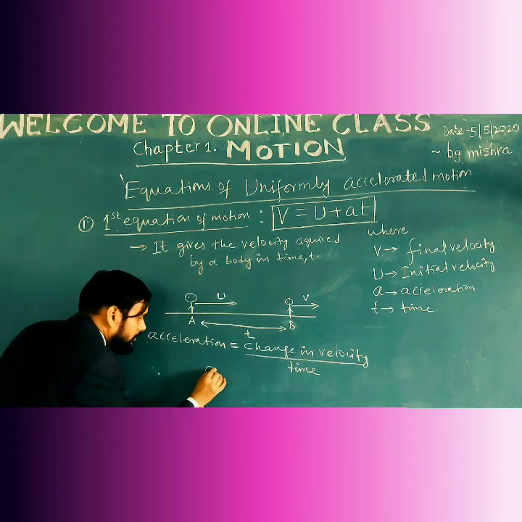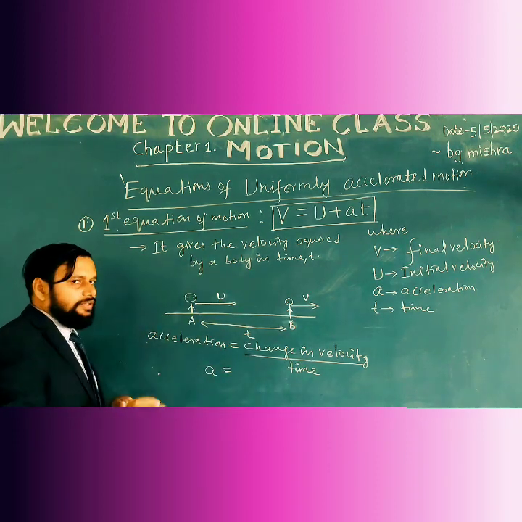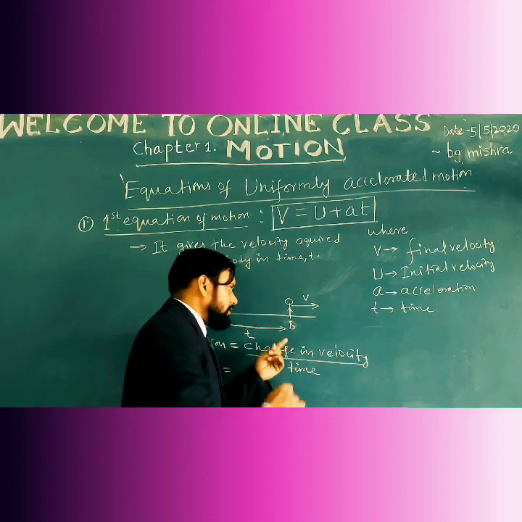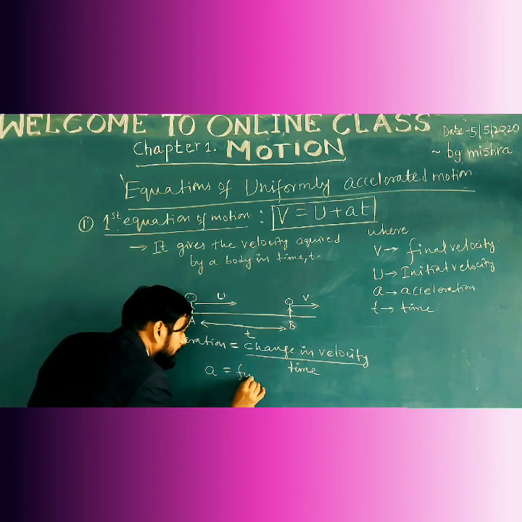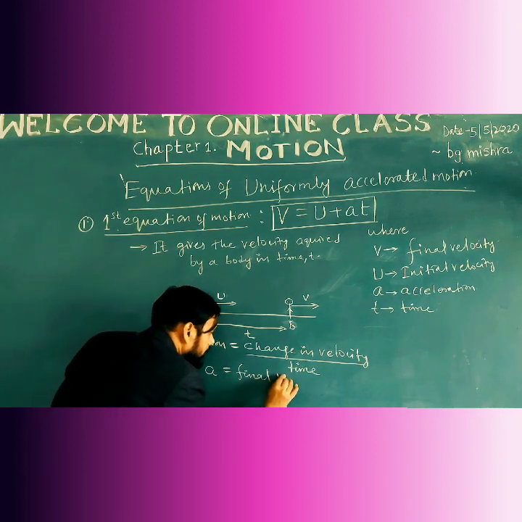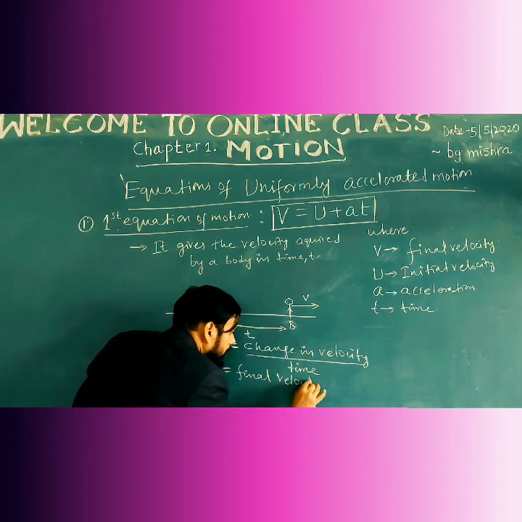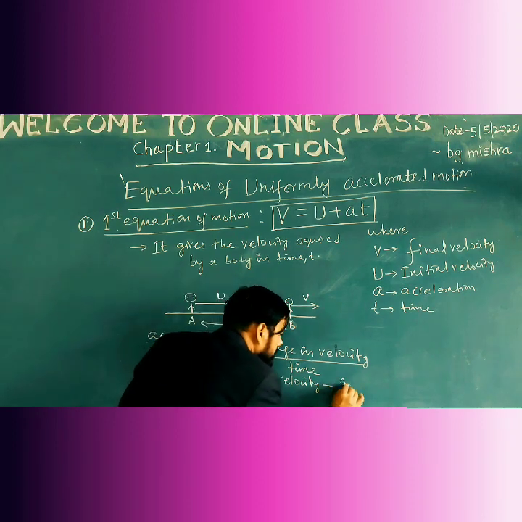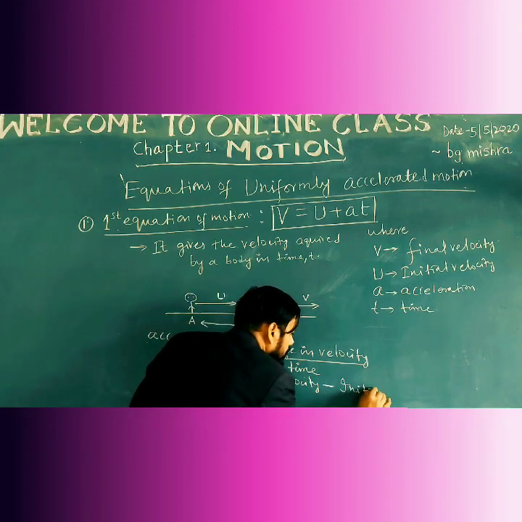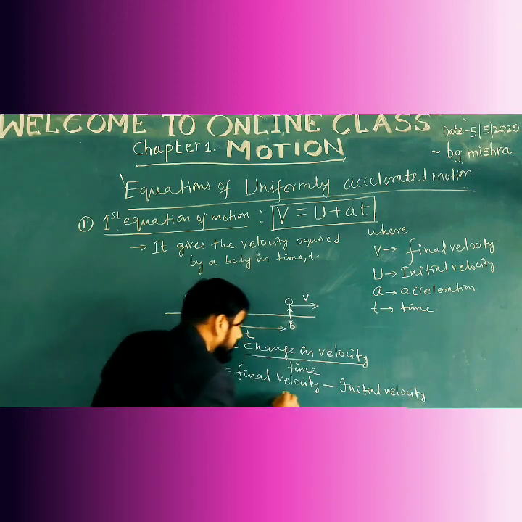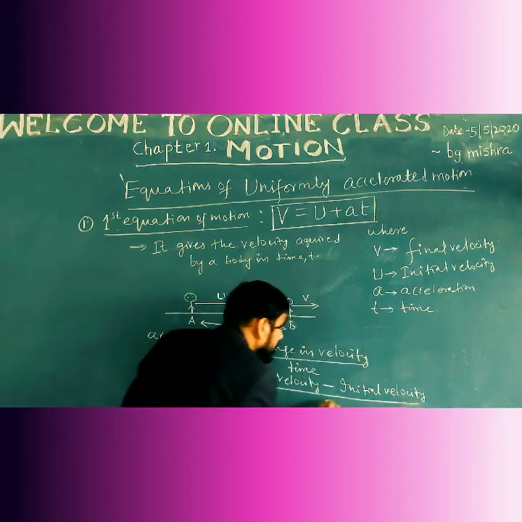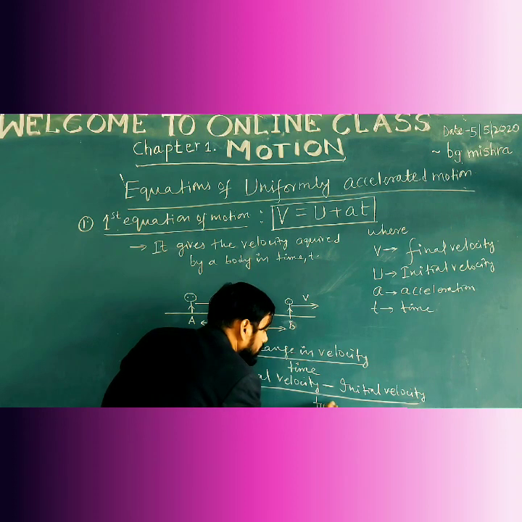That means a equals to, what is change in velocity? Change in velocity means final velocity minus initial velocity. So we can write final velocity minus initial velocity upon time.